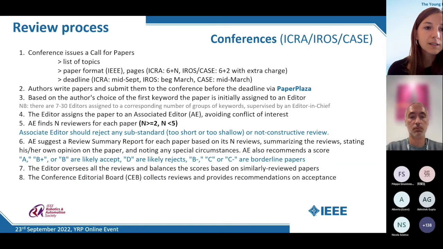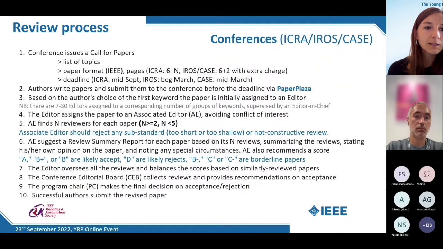Then the conference editorial board, which includes basically the editor-in-chief, the editor and the associate editor, collects the reviews and provides the recommendation on the acceptance of the paper, but just the recommendation, because it is actually the program chair of the conference that makes the final decision on acceptance and rejection. So you can imagine how many decisions the program chair needs to take in a conference. Finally, the successful author whose paper was accepted can submit the revised paper to Paper Plaza.